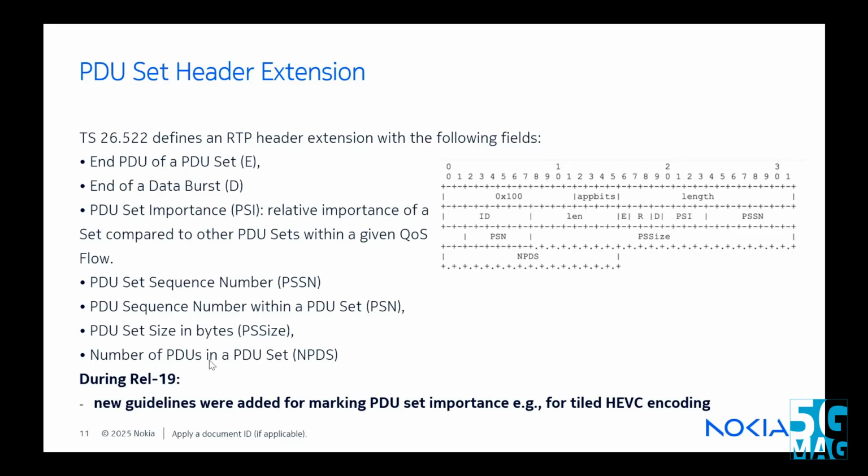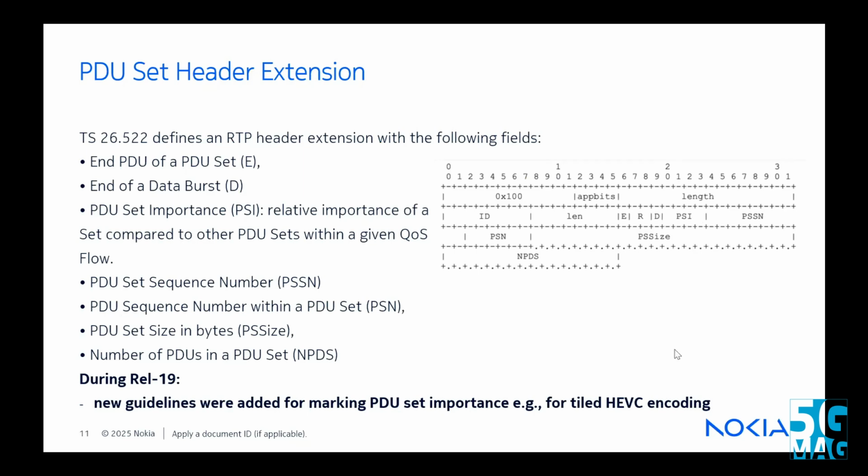But during release 19, we extended these guidelines. So now, for instance, you also have guidelines for tiled HEVC coding, on what kind of PDU set marking you can do. So these are guidelines for application servers on how to mark different RTP packets.